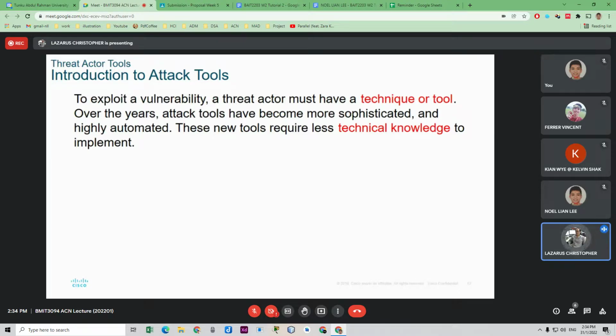That means you don't even have to do a lot, just upload it and then wait for the tools to activate, and then it will be autonomous. These new tools are so easy to use that you don't even need to know programming to use them. That means you don't need technical knowledge to use these tools. You just run it, and that's it. You get the result.